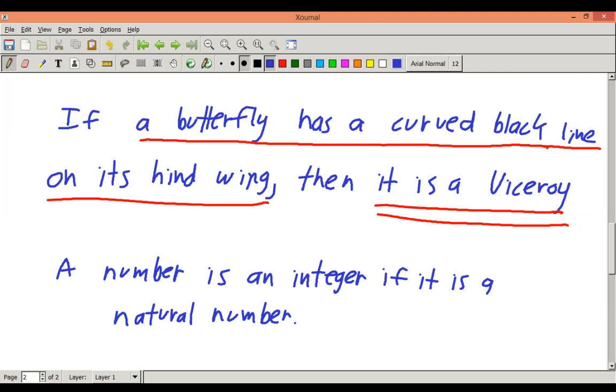Okay, so notice the if does not come first here. It's later on in the sentence. So the hypothesis is going to be the part that follows the word if. So the hypothesis is it is a natural number, or a number is a natural number. The conclusion is then the number is an integer.